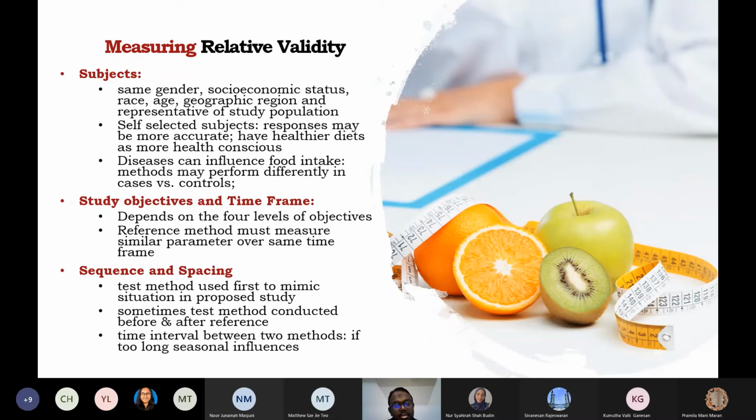Okay, and finally, the time interval between the two methods. We have discussed this before. If it's too long, seasonal influences might kick in. So the time interval should be appropriate, 4 to 8 weeks for relative validity.